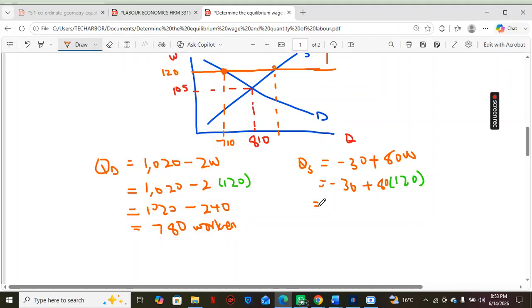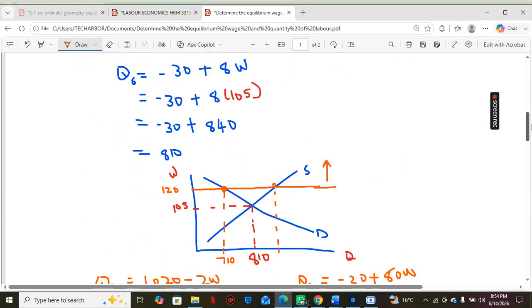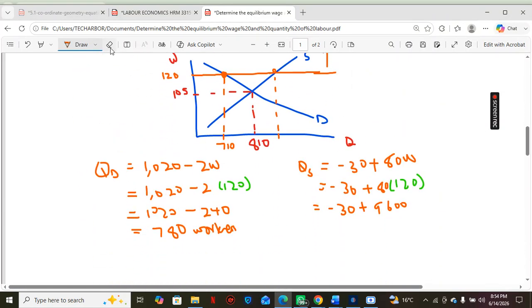So here we have negative 30 plus 8 times 120. That's 960.